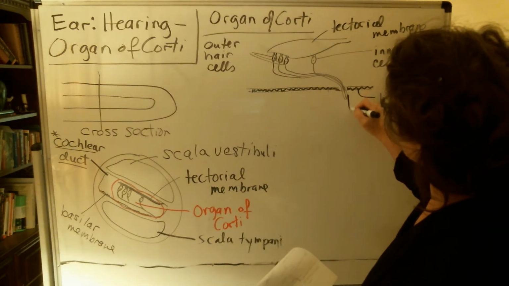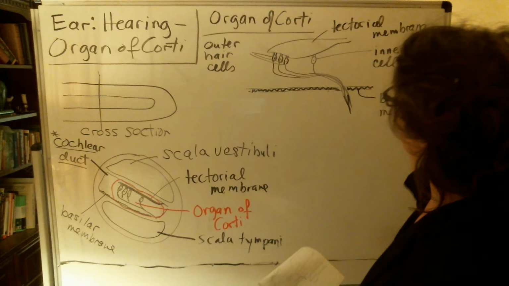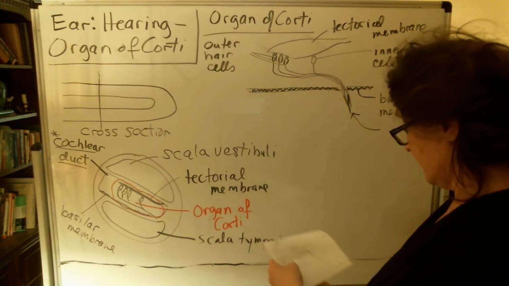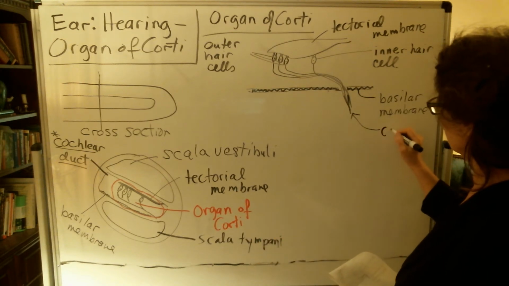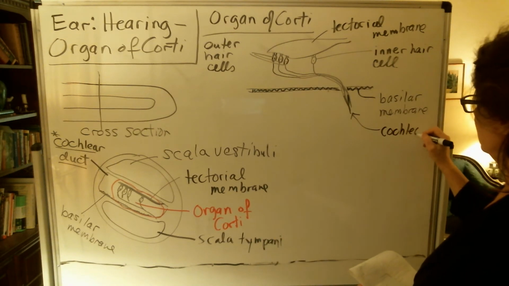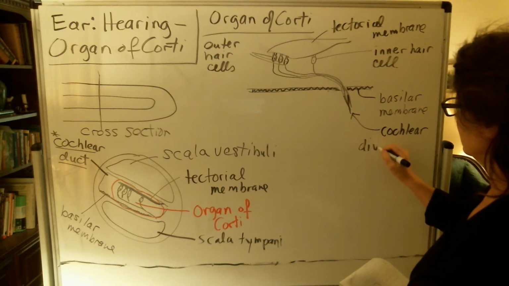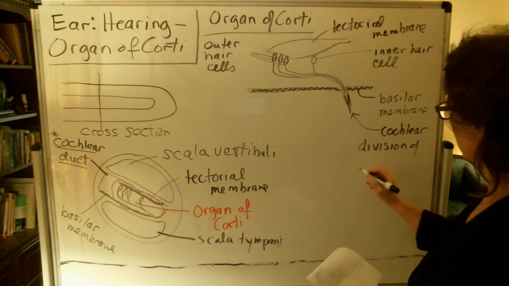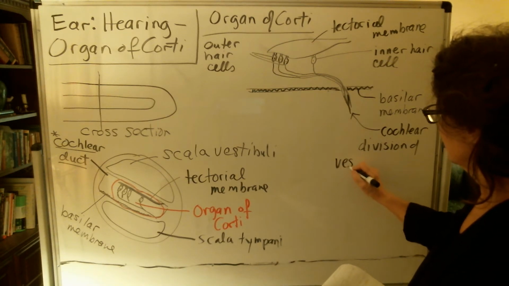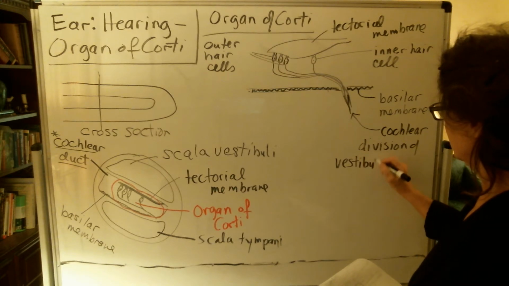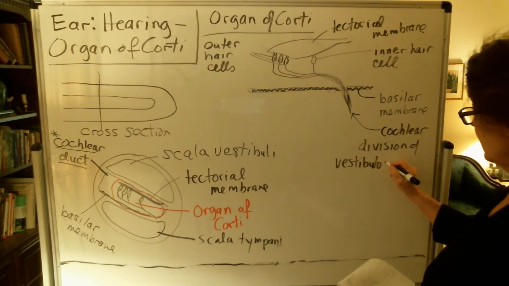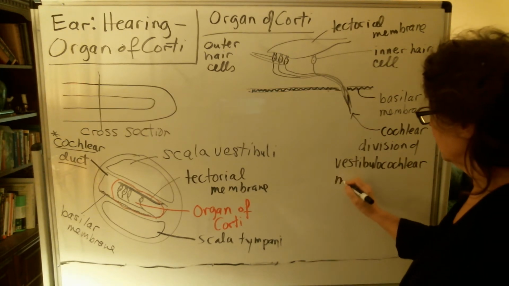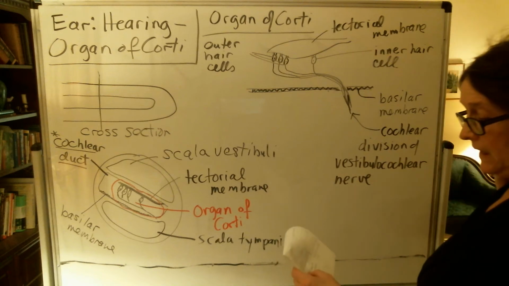And these fibers coming out here, that is the cochlear division of the vestibulo-cochlear nerve.